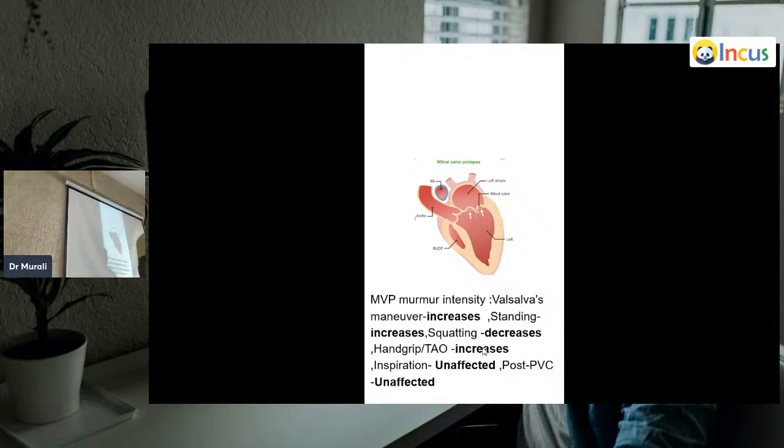But in the same situation, when hand grip is done, catecholamines are released, afterload increased. What is the effect of that on MVP? After load increased, back pressure is more and prolapse is more. So hand grip increases the murmur of MVP but decreases the murmur of HOCM.